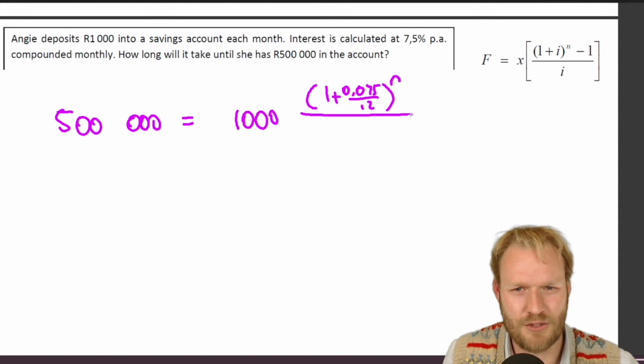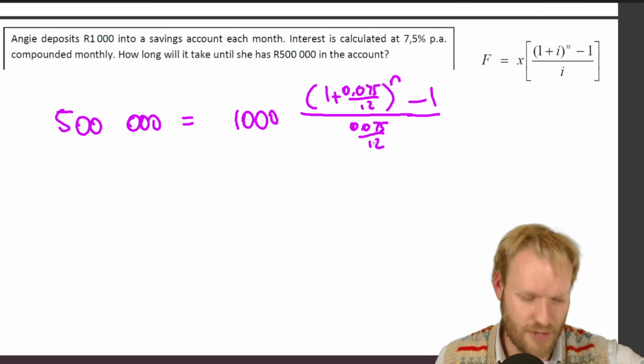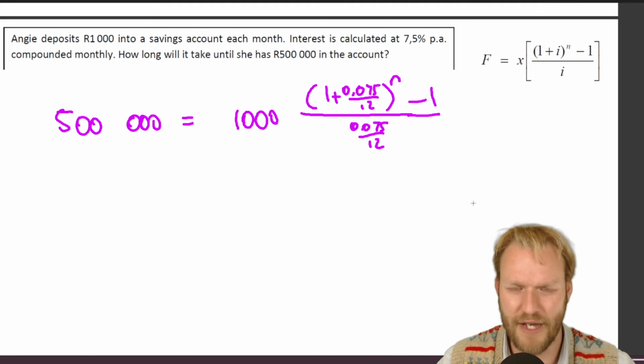Now we don't know this, so we're going to put an n, and our interest rate at the bottom is still 0.075 over 12, and there's our equation. Okay, so we just need to solve for n.